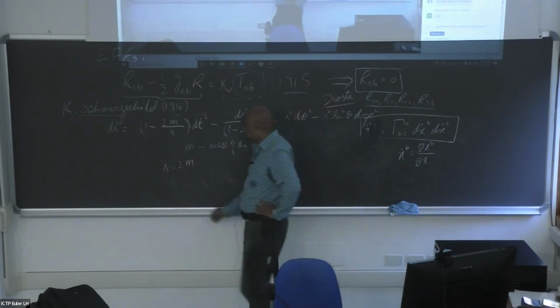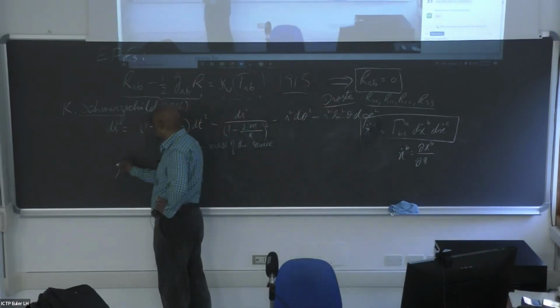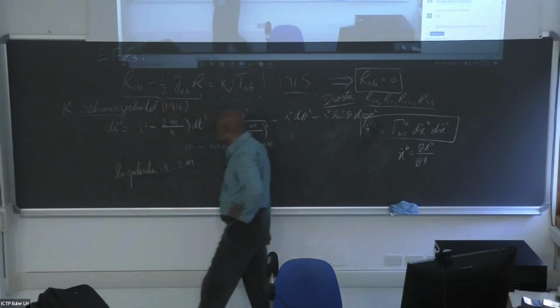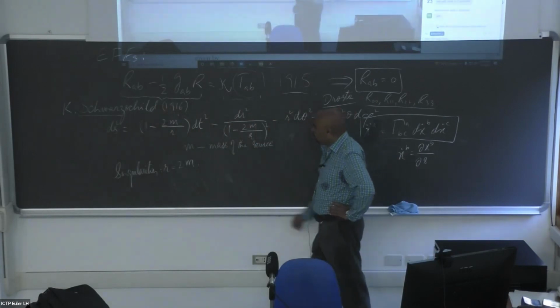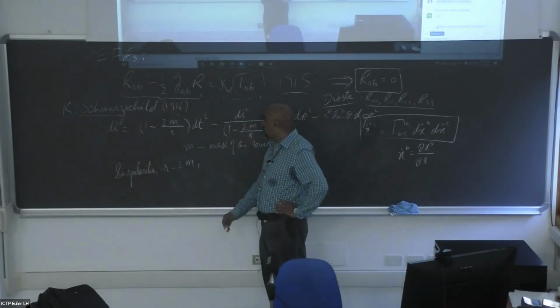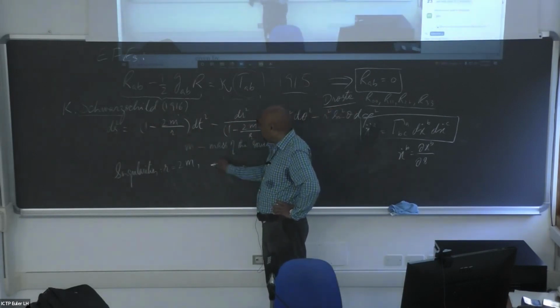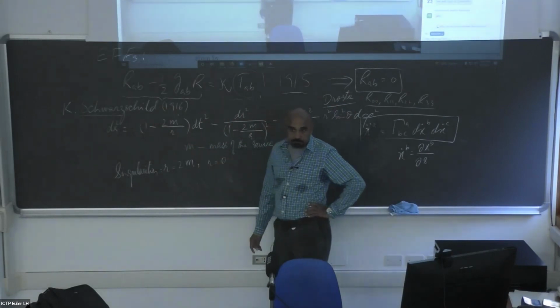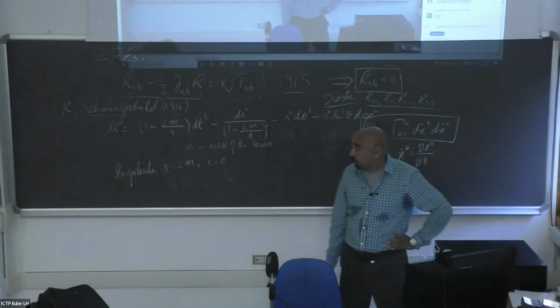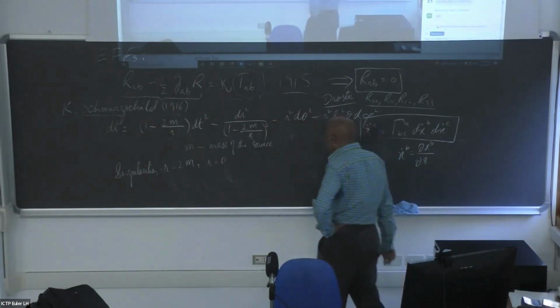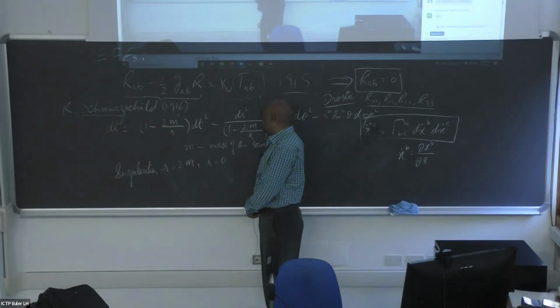So these are the singularities. Another singularity from the first term is obvious, and that is r equal to 0. So the two singularities are r equal to 0 and r equal to 2m.